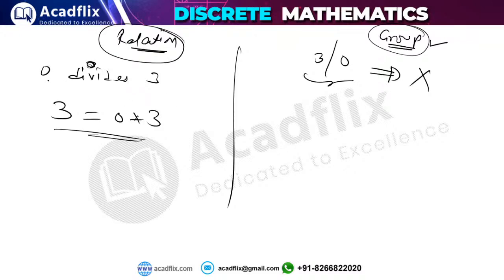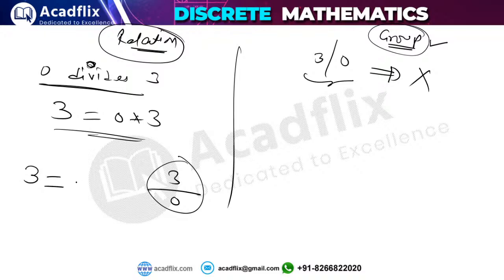I do not want to find the result. What the result will be when we divide this 3 by 0, I am not interested in finding that. I am just interested in finding whether this 3 can be written as 0 multiplied by something.